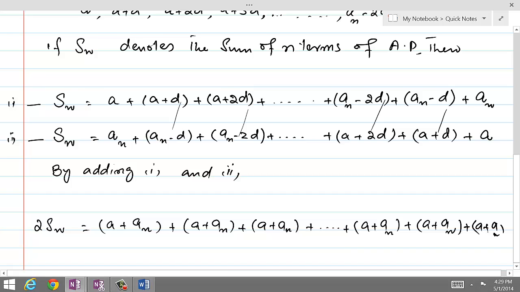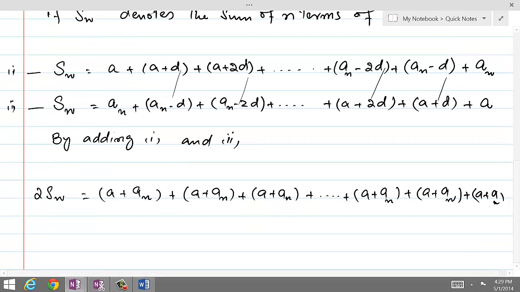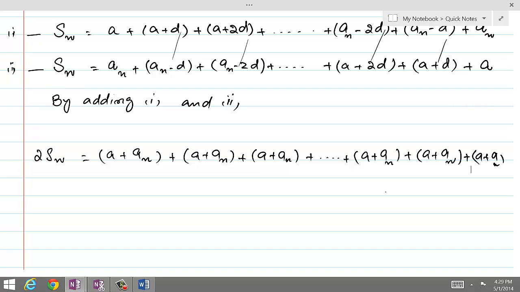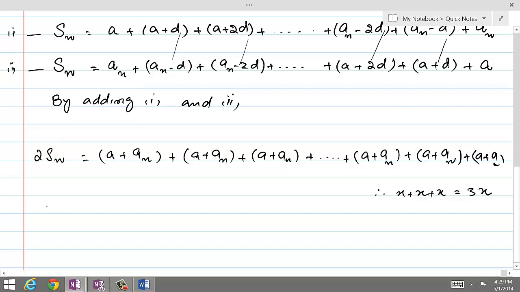Because a plus an is being added n times, just like x plus x plus x, if we add x three times, we can write it as 3x, the same way we can write 2Sn equal to n times a plus an, because a plus an is being added n times.